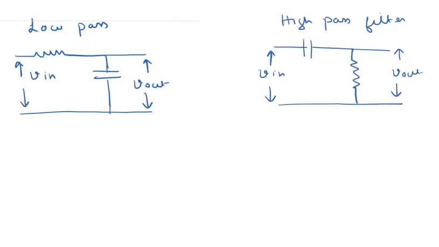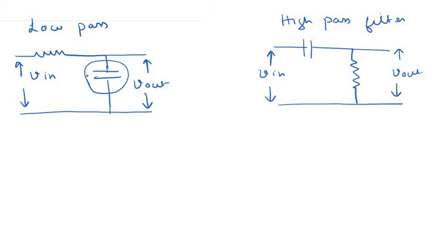I drew both the high pass and the low pass filters here, and note that in case of the low pass filter, when the frequency is really low, this capacitor basically acts as an open circuit.